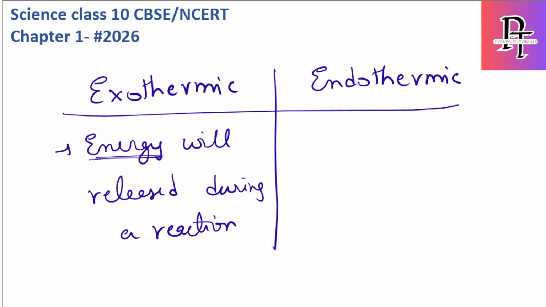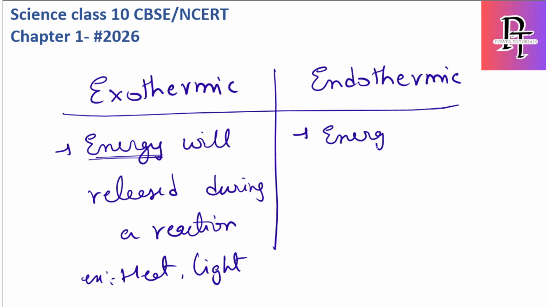Heat is a form of energy, but energy is not heat. Okay, energy will be released, it can be in the form of heat as well. Example I'm writing here. And sometimes light is also a form of energy. Okay, so what is an endothermic reaction? Energy has to be supplied. Energy will be released here, but here energy has to be supplied to perform a reaction.